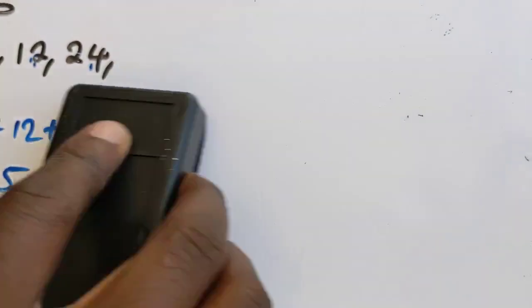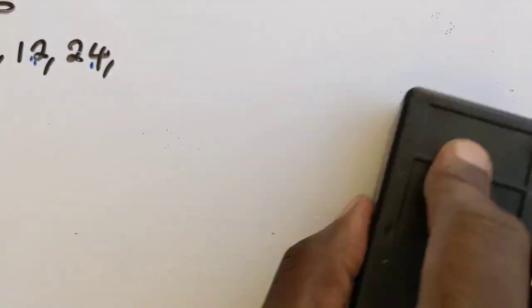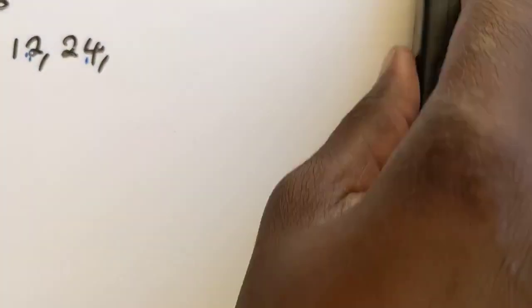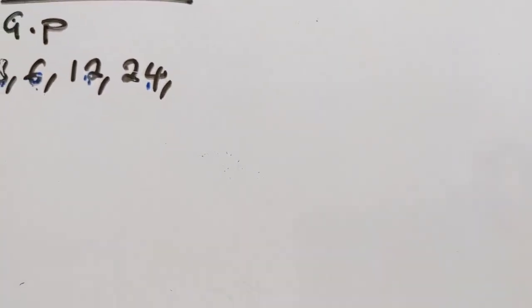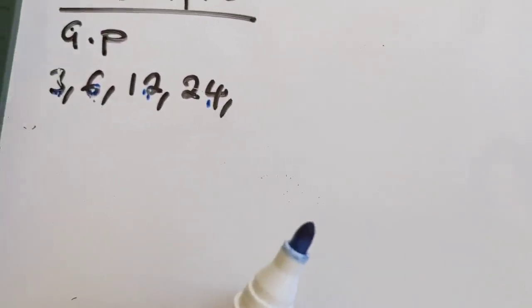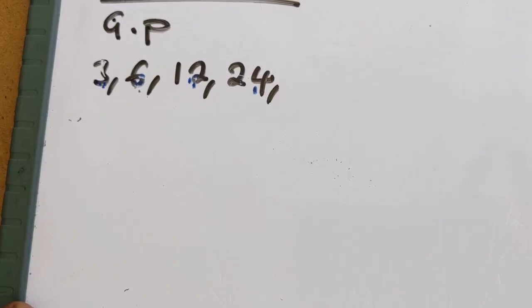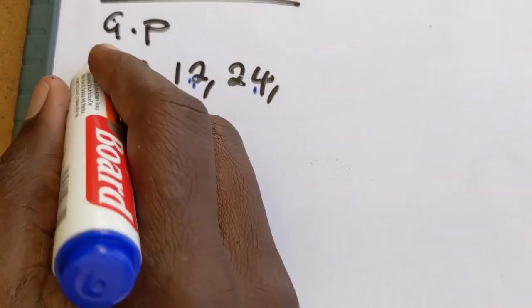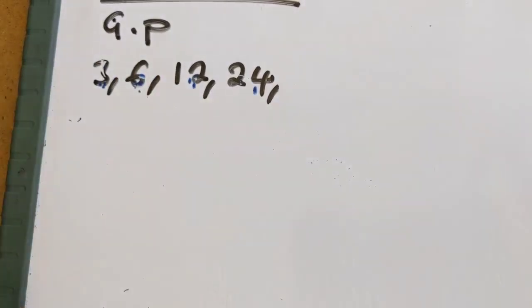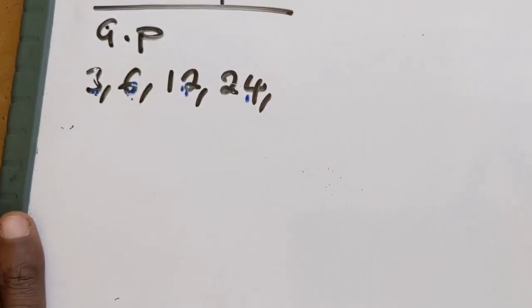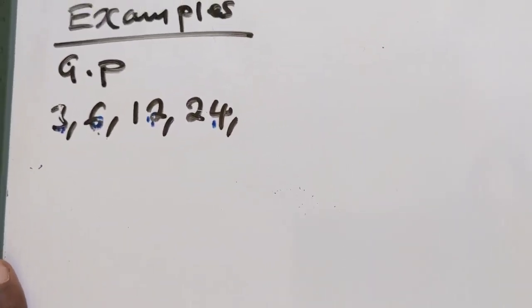Now the other thing that we are going to look at is the sum to infinity. Under geometric progression there is the sum to infinity, but under arithmetic progression we don't have that.